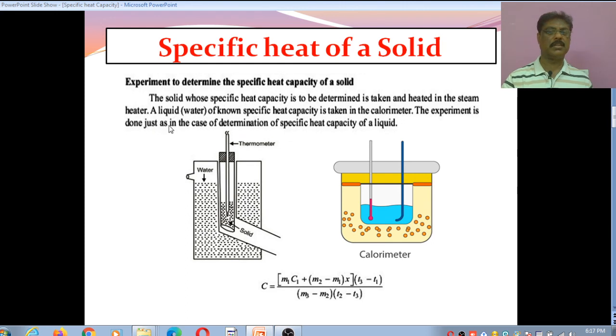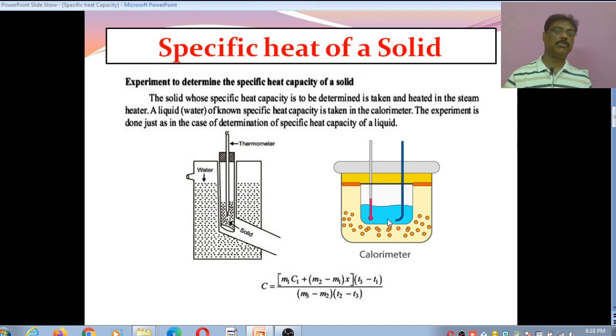The experiment is done just as in the determination of the specific heat of a given liquid, following the same method as before. Here we use water and the solid whose specific heat capacity we are going to determine. The solid is heated to a high temperature, then transferred to the calorimeter and mixed with the water.